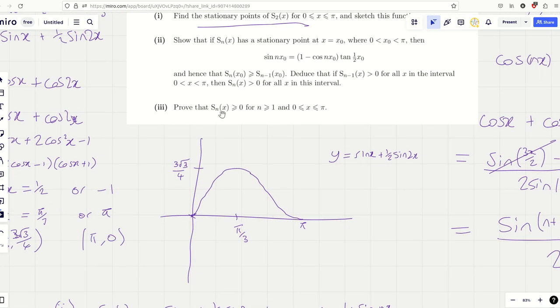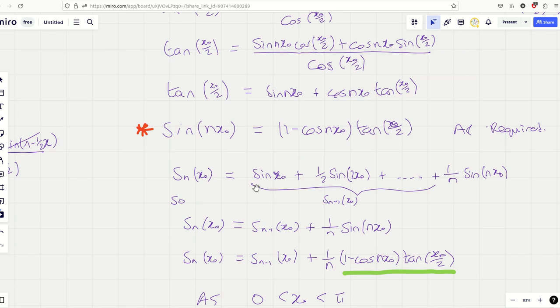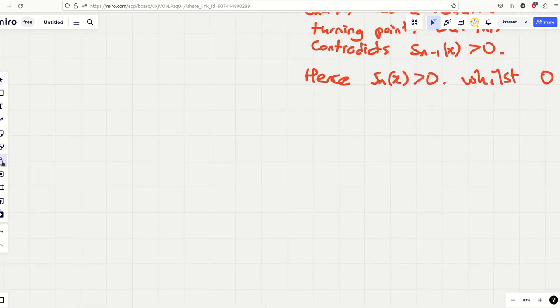It's crying out for induction. You've basically done the inductive argument in the last part, because you've just got to show that S1 of x is greater than or equal to 0 in this range, and it is trivially so. Yeah, so inductive proof.